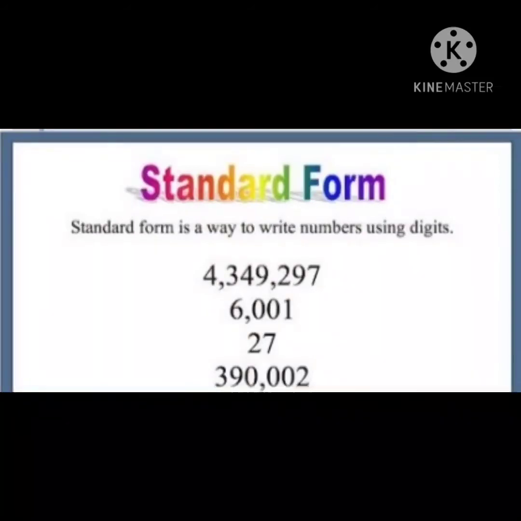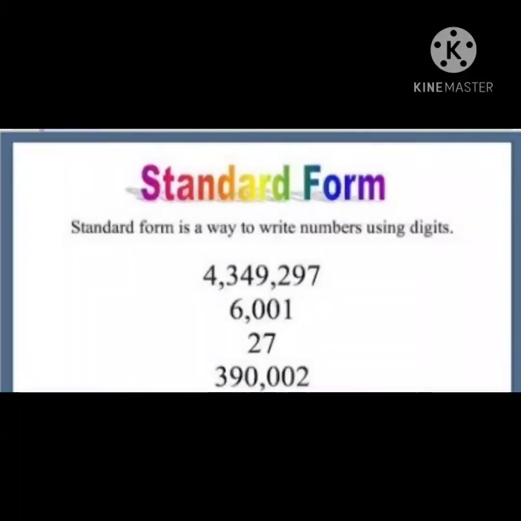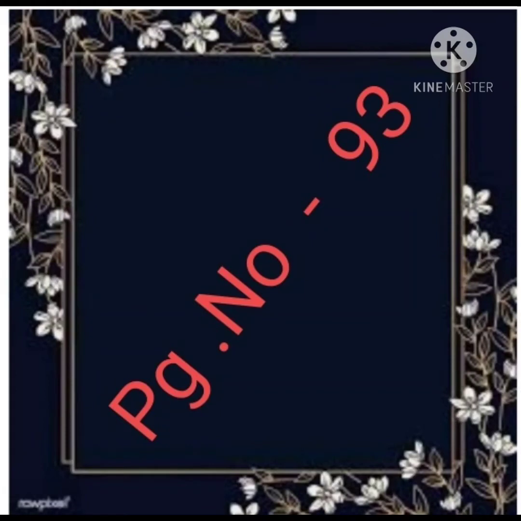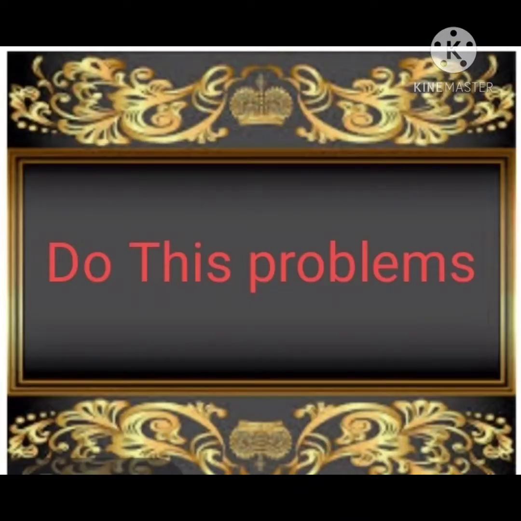Standard form is a way to write numbers using digits. Here 7-digit numbers are given: 4 digits, 2 digits and 6 digits numbers. How did you keep the commas? First 3 digits, after 3 digits, like this. In this page number 93, we are discussing this problem now.